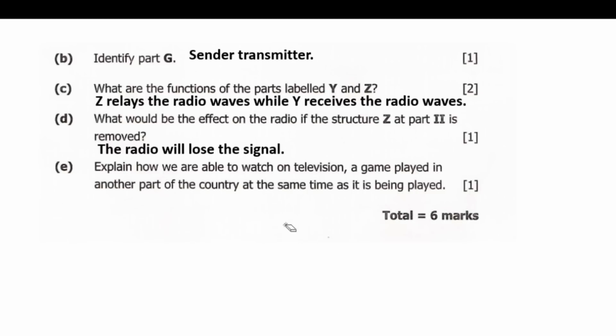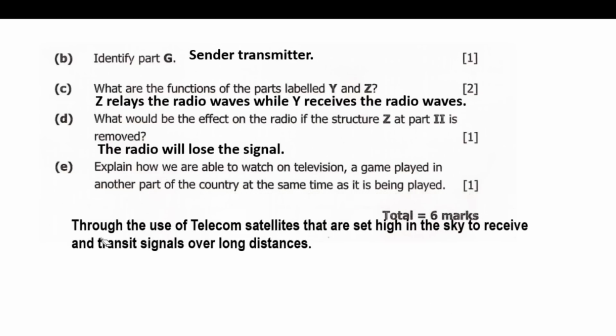So it is through the use of what we call telecom satellites that are set high in the sky to receive and transmit signals over long distances. So at the ground where the match is being played, there are cameras.